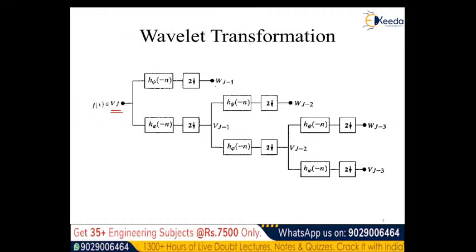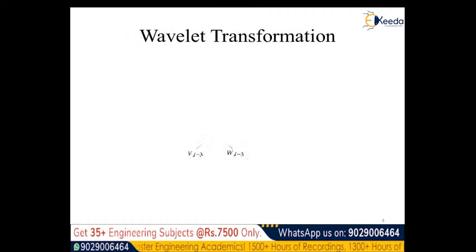So we have the functional spaces denoted at the different stages here. We have capital W suffix J minus 1, capital W suffix J minus 2, V suffix J minus 1, V suffix J minus 2, W suffix J minus 3, V suffix J minus 3. If we only visualize the hierarchy with respect to the functional spaces, we have this sequence.